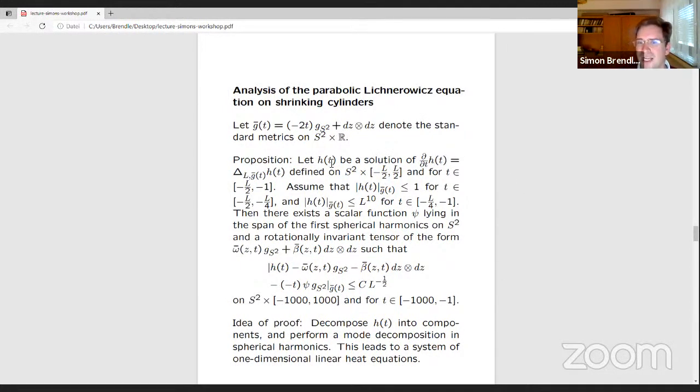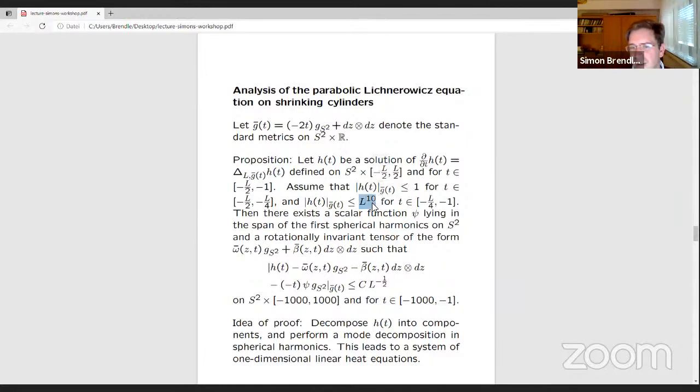Now, let's suppose h of t is a solution of this parabolic Lichnerowicz equation on this background with background metric g bar, so on a neck. And let's say this h of t has norm less than 1 in the relevant region. And then there's this technical assumption that at later points in time, I need some control over h, but it doesn't have to be as precise.